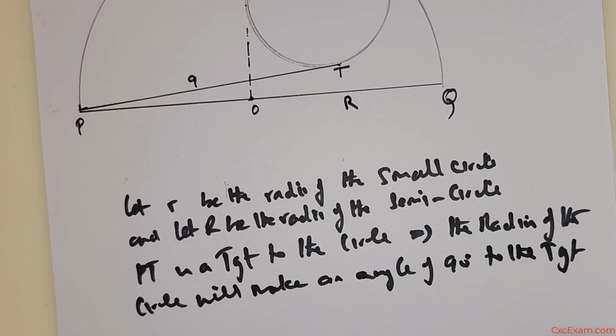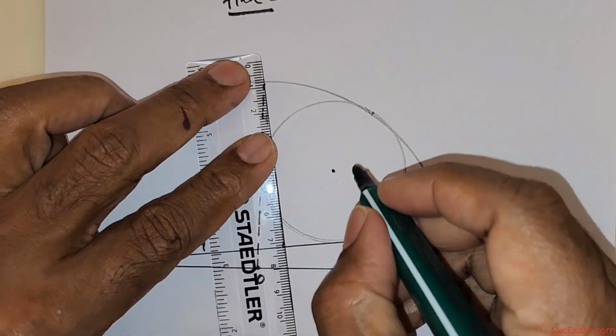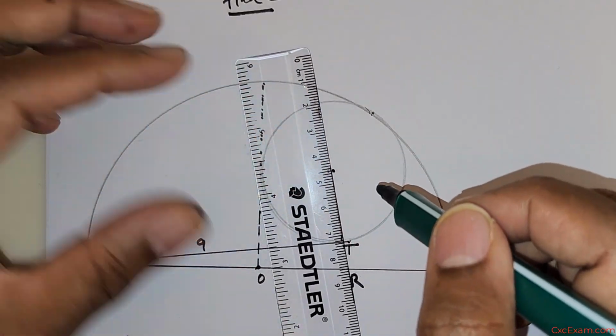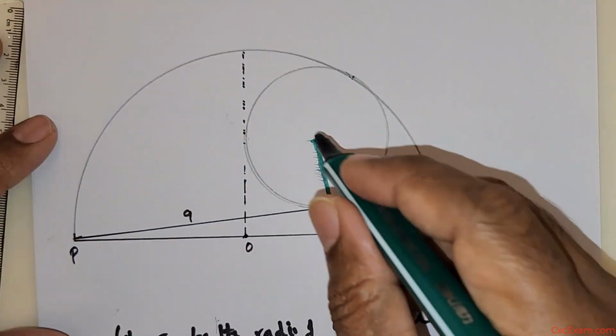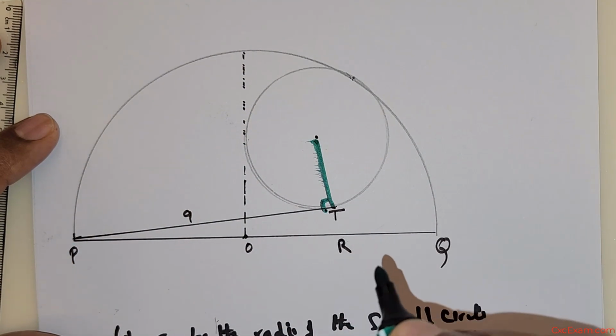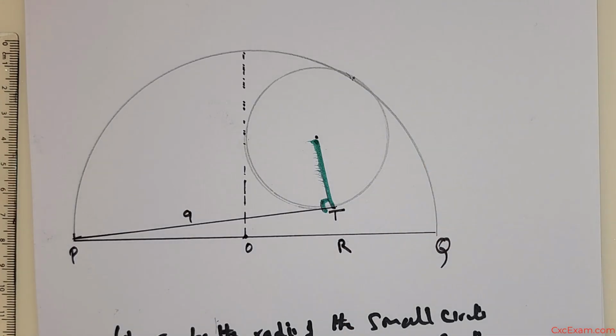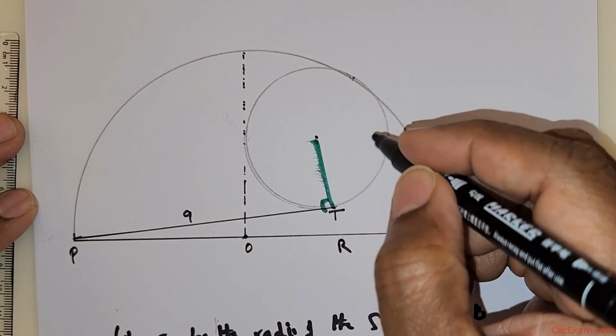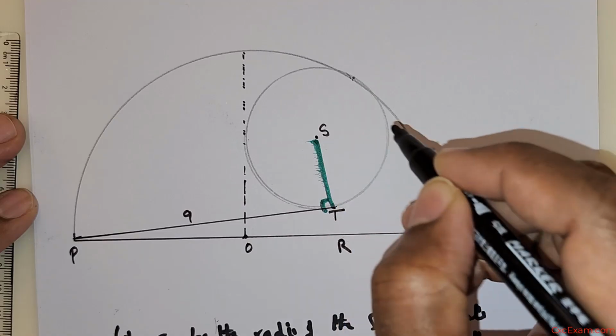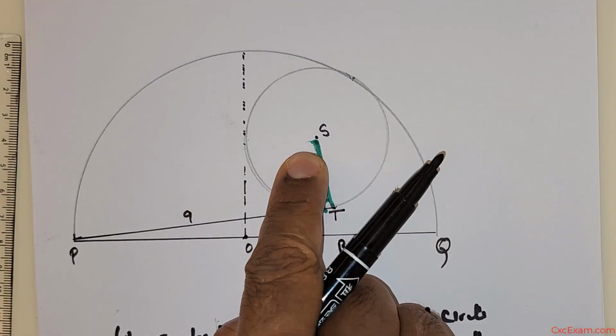So we can draw that. So this is going to be having a point, and this is 90 degrees. Now I'm going to take this point as some S, and I'm going to connect P with S.